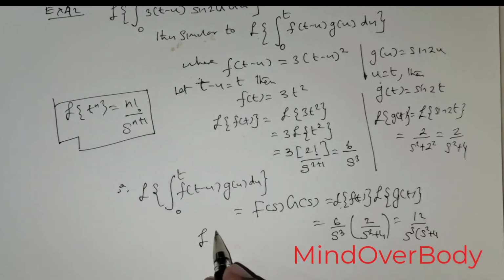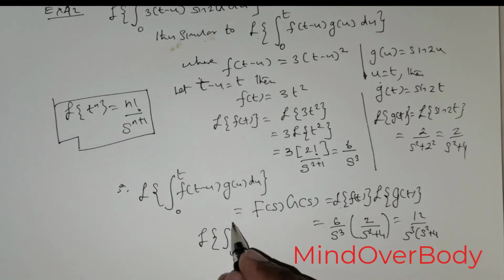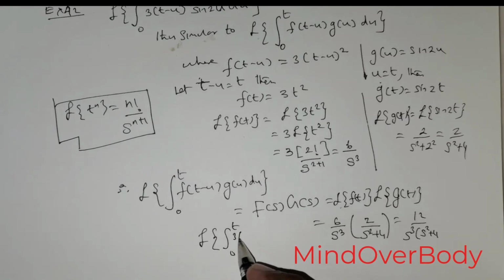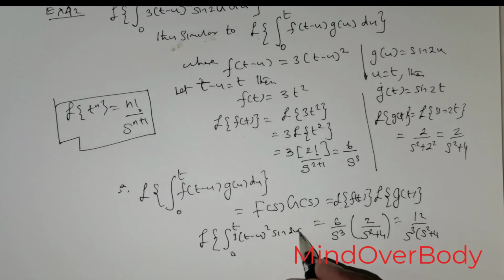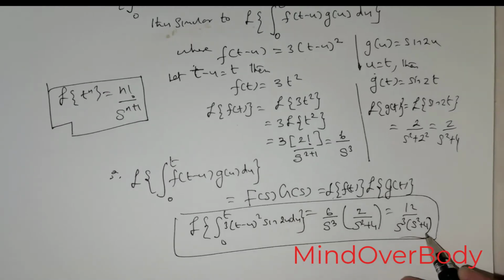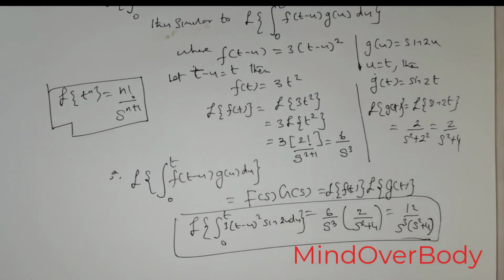So this is the Laplace transform of integral 0 to t 3 times (t minus u) raised to the power 2 sine 2u du. So this will be the solution.